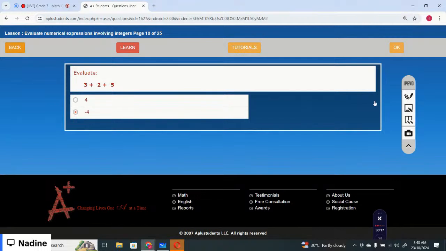Okay, you can complete the lesson by yourself. So we were working on grade 7 math. The chapter we were working on is operations with integers.